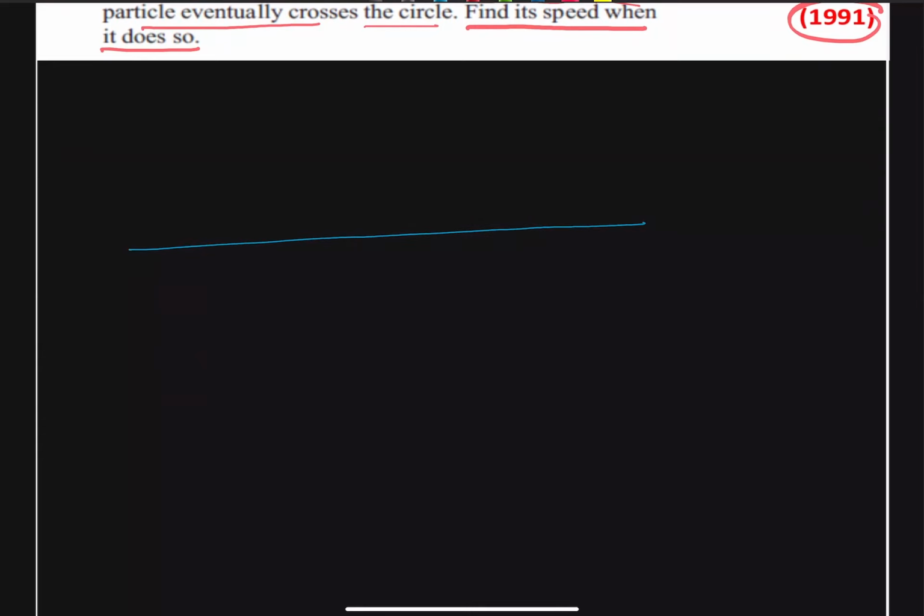We are given the position of the charges. This is the x-axis, y-axis. So this will be our minus x, let us call this plus, and this will be our minus of y. And we have this as the origin.